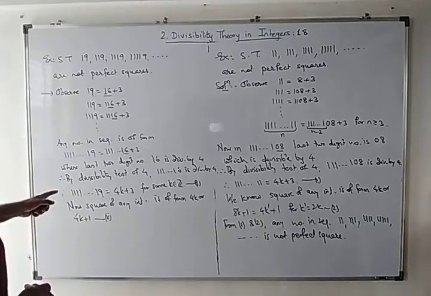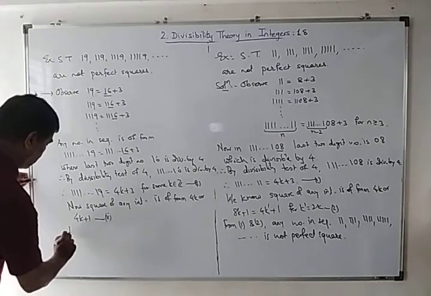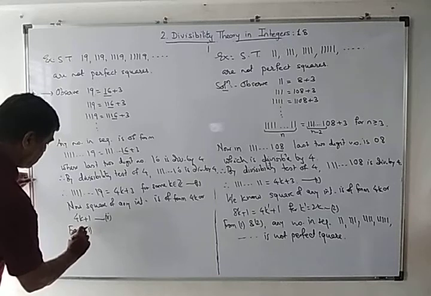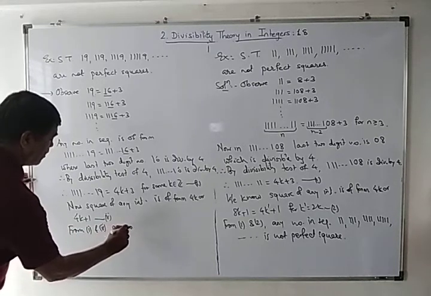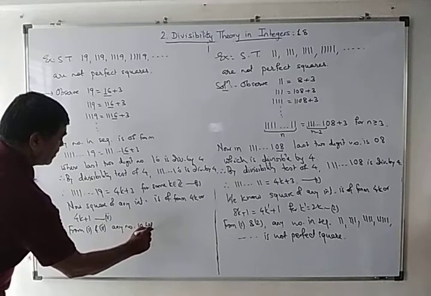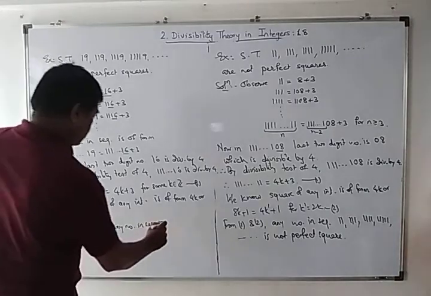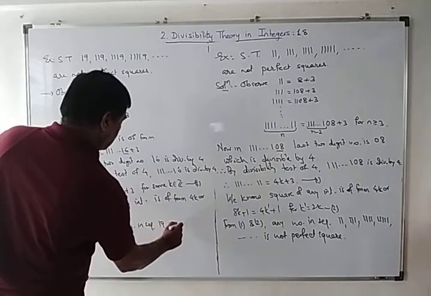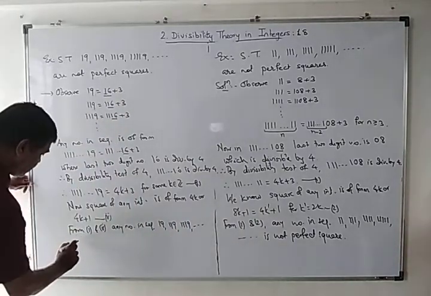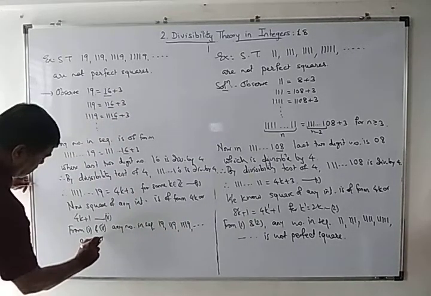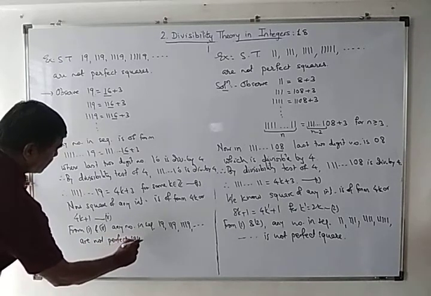So from 1 and 2, any number in the sequence 19, 119, 1119, and so on is not a perfect square.